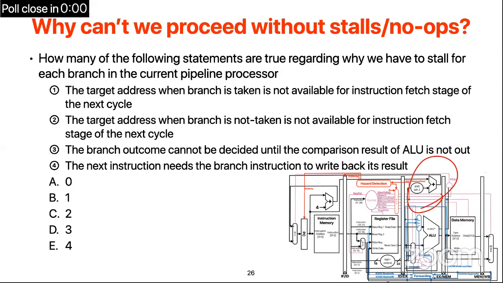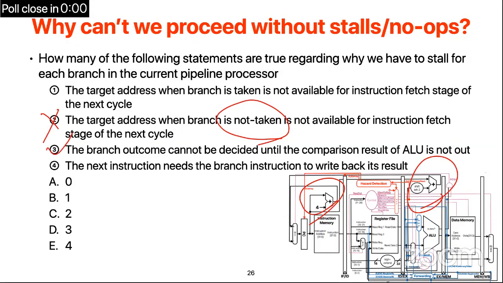Okay, so how about the second statement? For branch not taken, what's the address? The address is just PC+4, but we already calculated that in the ALU to the left, so this is not an issue. The branch outcome cannot be decided until the comparison result of the ALU is out. Is that true? Yes.